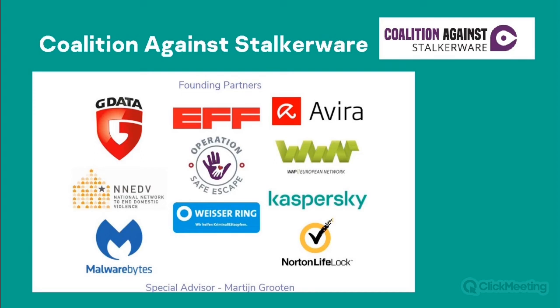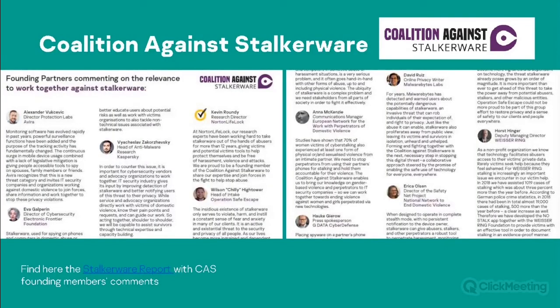And we just need to spread the knowledge and to empower people to be able to protect themselves and to fight back, and to be able to speak to knowledgeable experts like you, WWP EN, like other victim help service organizations, and like us, to be able to get help. So that's our mission as Coalition Against Stalkerware. And I just wanted to show you that there are some real people also behind it.